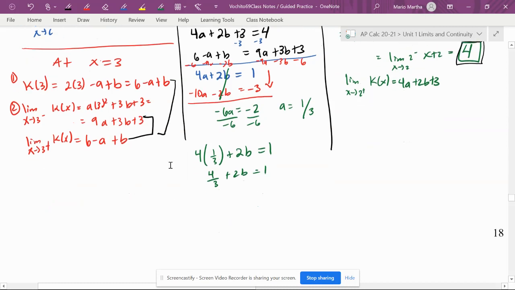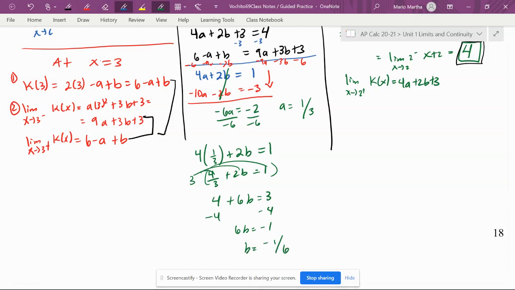If you want to get rid of the denominator here, you just multiply both sides by 3, and that should fix it. So that's going to be 4 plus 6b equals 3, right? Make sure you distribute. And we end up with, subtract 4 from both sides, so 6b equals negative 1, so therefore b equals negative 1/6.